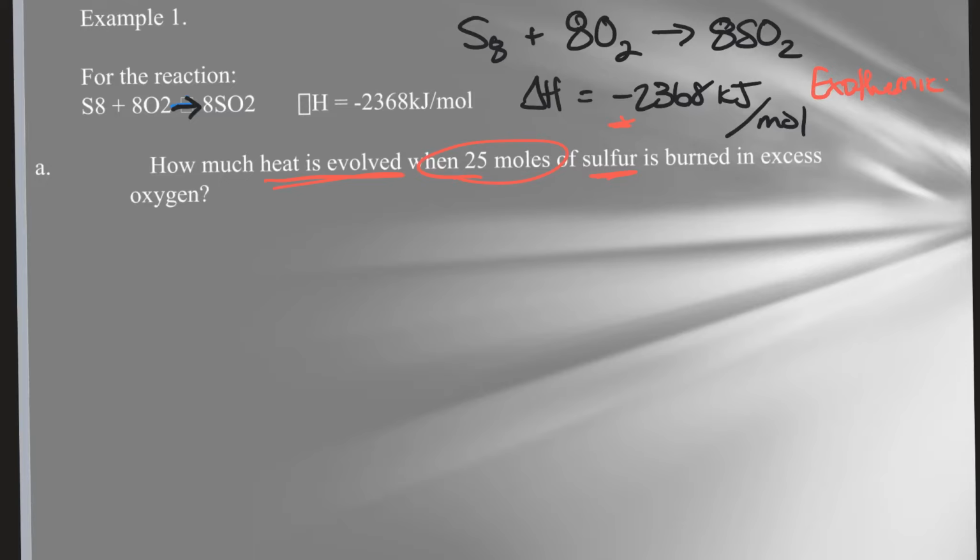So how do we figure this out? We're trying to figure out how much heat. Heat is always in joules, or some form of joules. I gave you the enthalpy: delta H is equal to negative 2,368 kilojoules per mole.